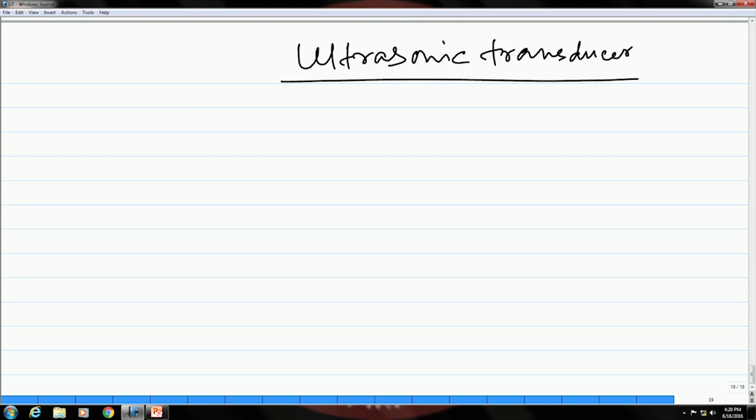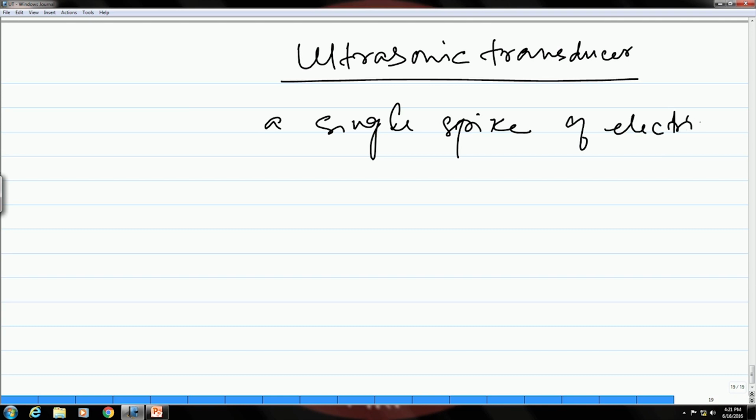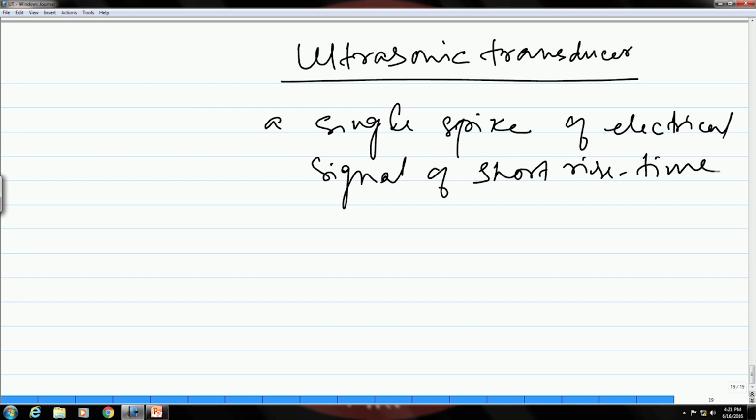So, in an ultrasonic transducer, a single spike of electrical signal of short rise time is converted to high frequency mechanical vibration.